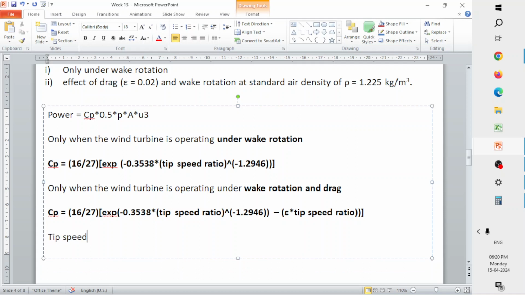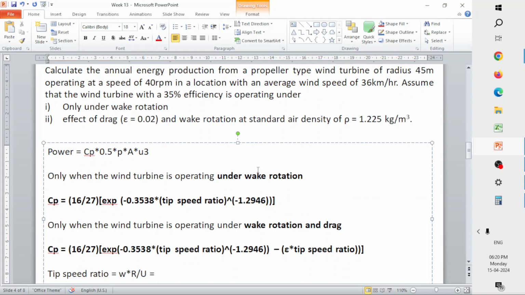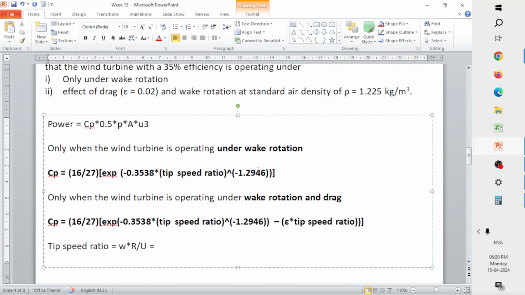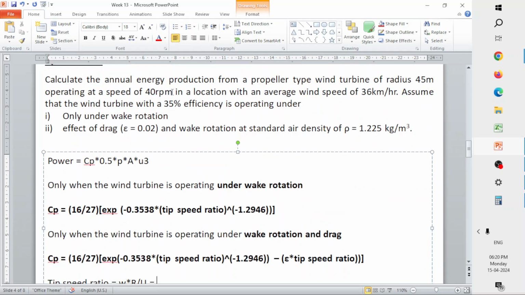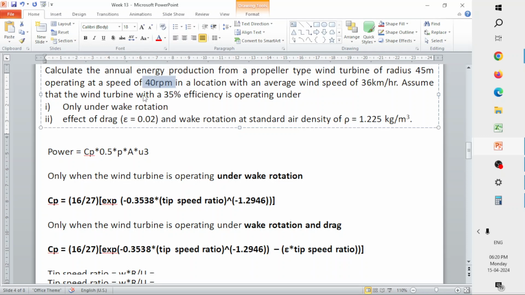So can you just tell me what is the tip speed ratio? Tip speed ratio is nothing but omega times r divided by u, right? So what will be the value of omega? Here it is given 40 rotations per minute. So you are supposed to convert rotations per minute into radians per second.